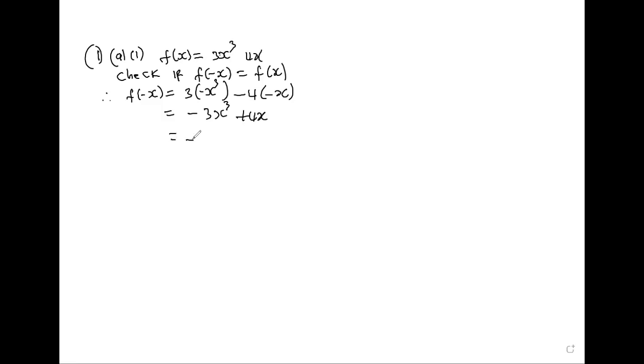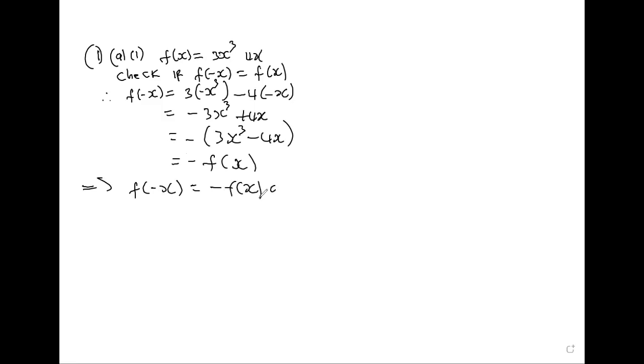When you factor out the negative, you get negative of 3x power 3 minus 4x, which is the original function f of x. So what we've just shown is that f of negative x is equal to negative f of x, which shows that f is an odd function.